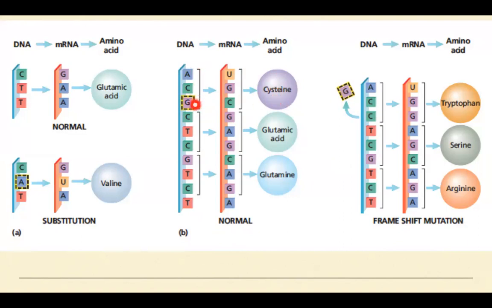So if we've got ACG, CTC, GTC, and then the mRNA, UGC, which is cysteine, GAG, which is glutamic acid, CAG, which is glutamine. If we remove that G, we start with ACC, which transcribes to UGG, which is tryptophan, completely different. You see that the entire amino acid sequence is different now because of the frameshift mutation. For a substitution, you're just substituting for that one particular codon.